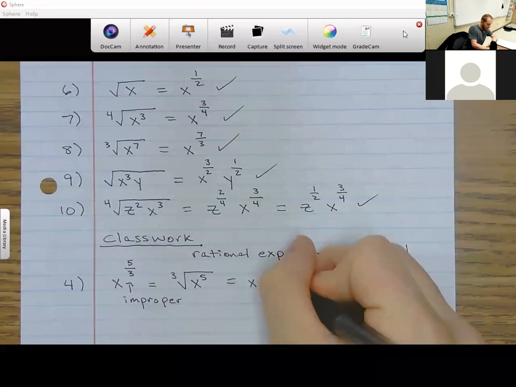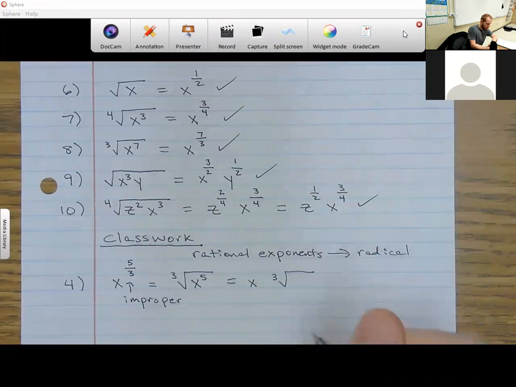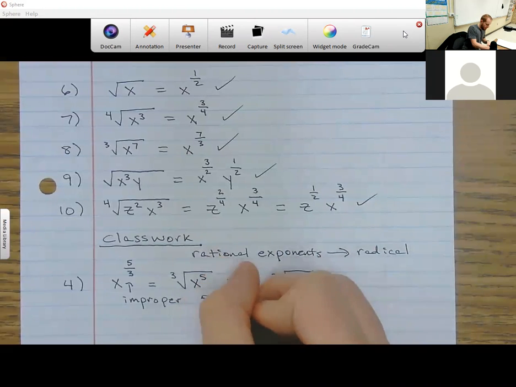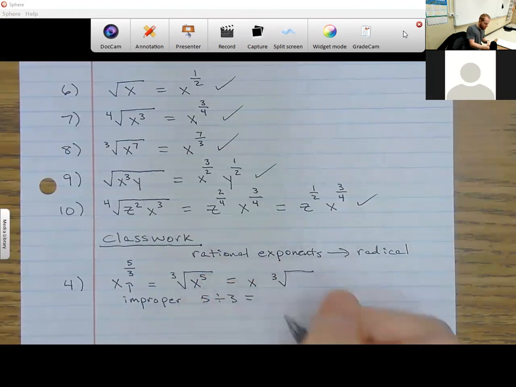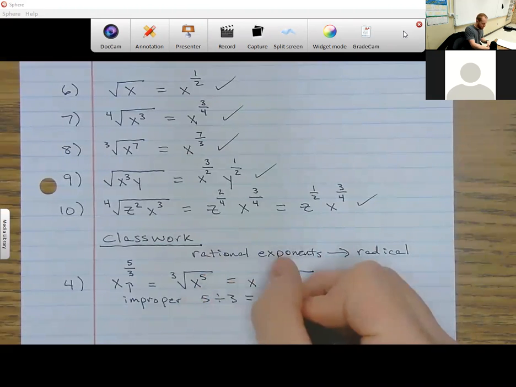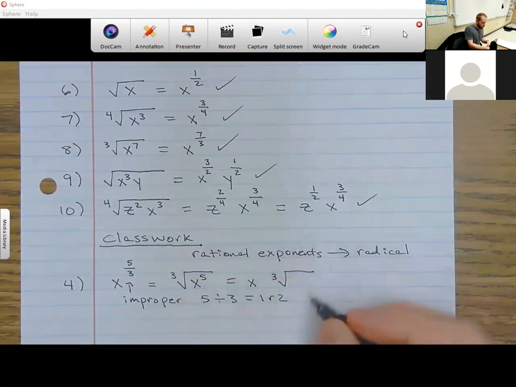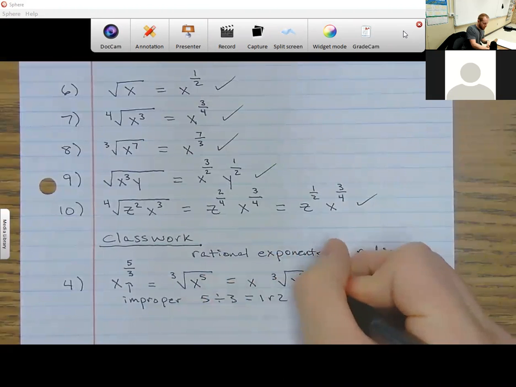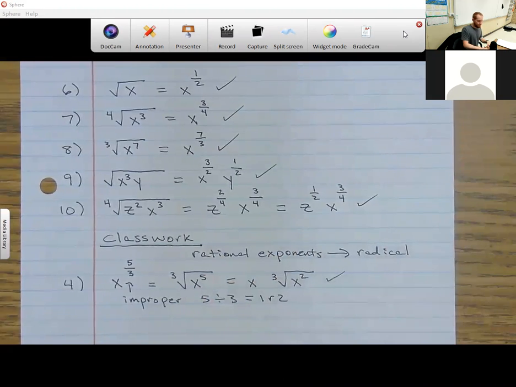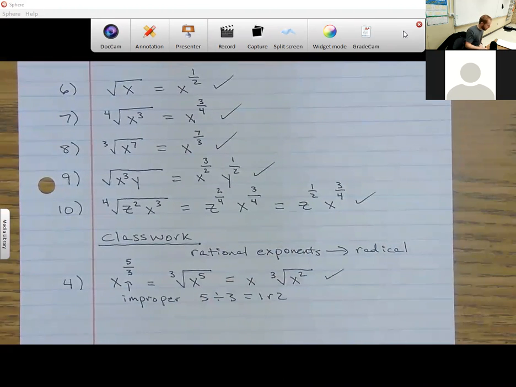But then how many x's are left under the radical sign with an index of 3? Okay. So how many did we say we have in remainder? What's 5 divided by 3? 5 divided by 3 would be 1, remainder 2. So I know that there's going to be 2 x's left under that radical. And I'm done. So that's the improper fraction thing. Let's do number 5.